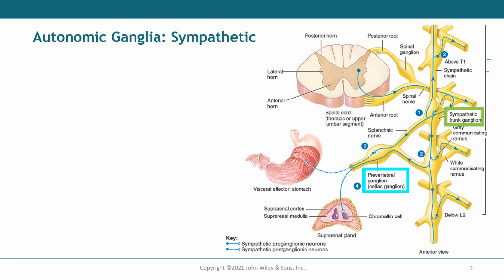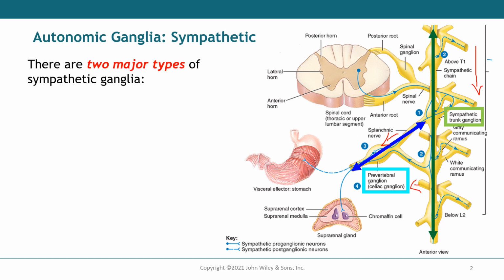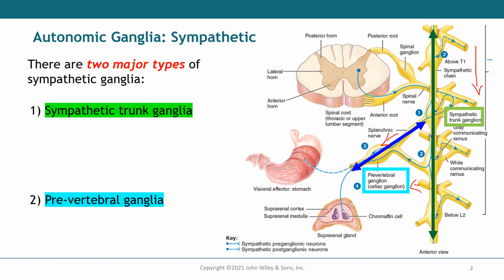So far, the key idea of this slide is that there are two main ganglia in the sympathetic division. One lies lateral to the spinal cord, and the other is anterior, the prevertebral ganglia. Remember, two major types: the sympathetic trunk and the prevertebral ganglia.